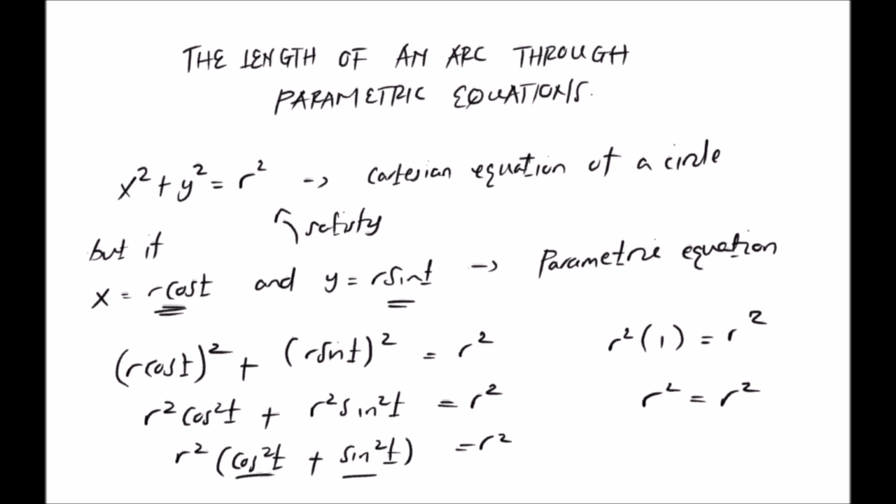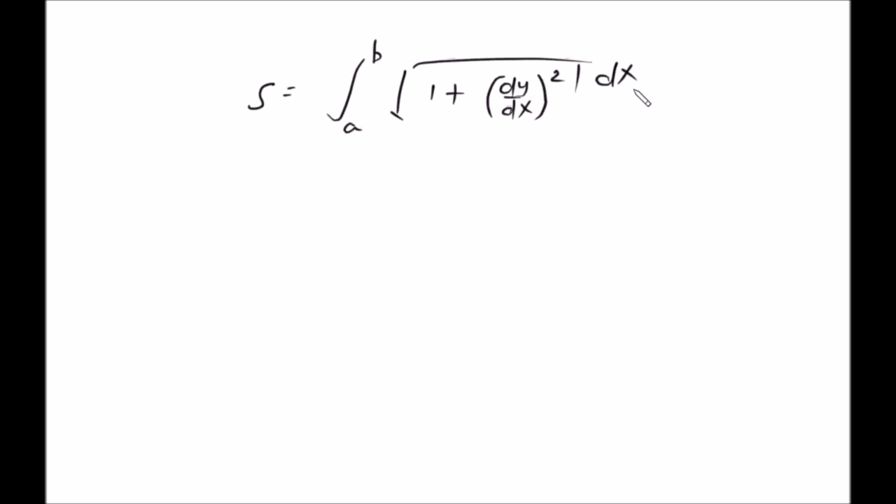So now kwa hizi Cartesian equation tusema length of an arc s ni sawa na we integrate from a to b the square root of 1 plus the square of dy dx with respect to x. Sasa tunataka the length of an arc through parametric equation.